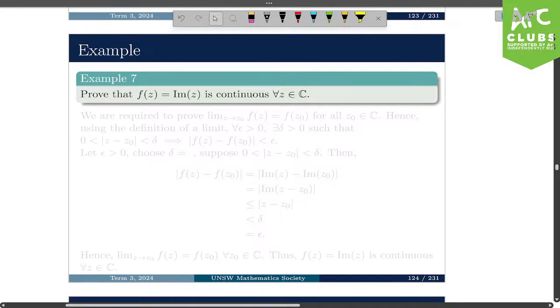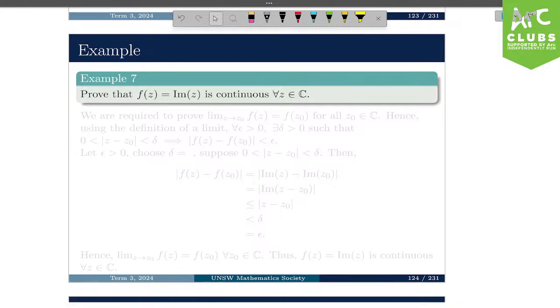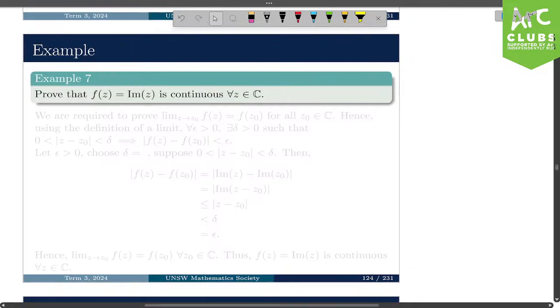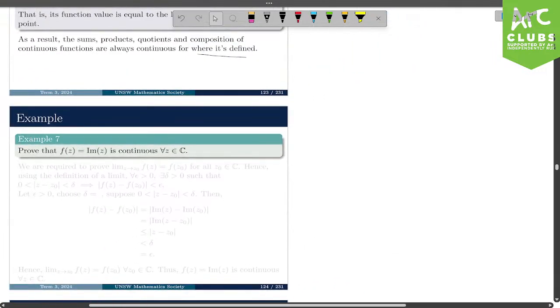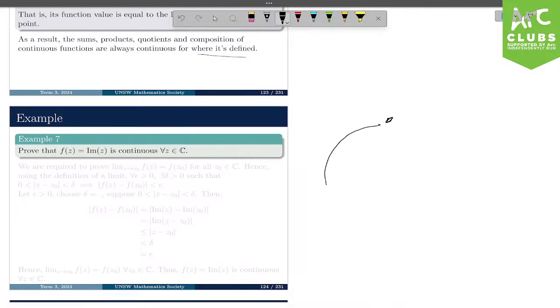We're just proving that the imaginary component of z is continuous as a function, okay, for all the complex numbers. And the easiest way to think about this, once again, we're using limits. If I have some path I'm taking, my imaginary component of z, where is it? How does it change?